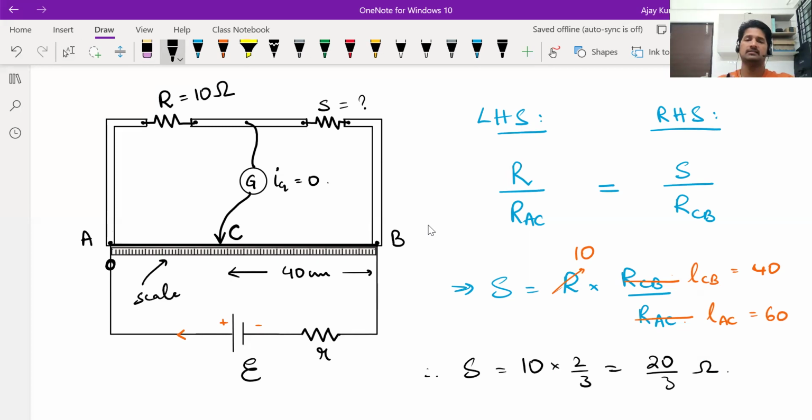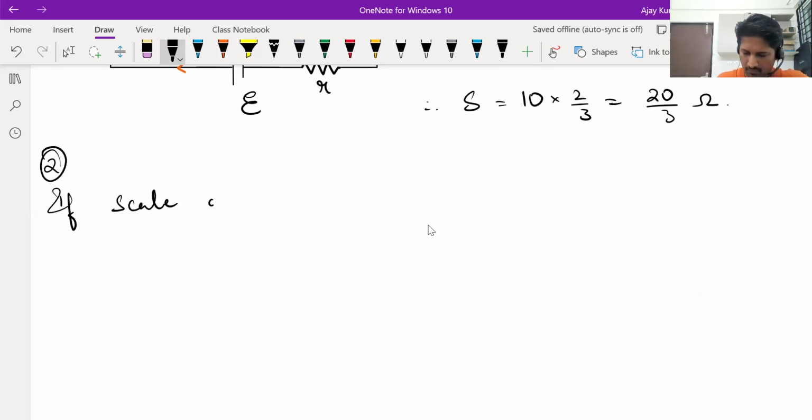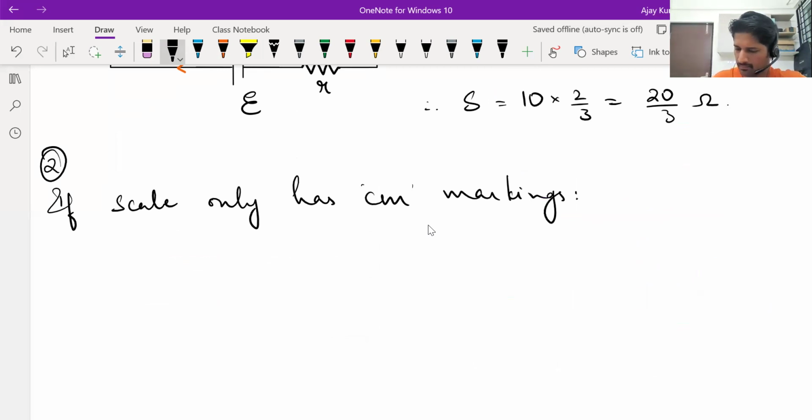Where will you next connect the jockey? Means at what distance will you next connect the jockey? I'm telling you the scale has only centimeter markings on it. It doesn't have any other markings. Any answer?